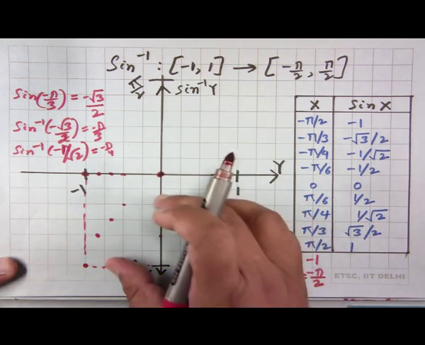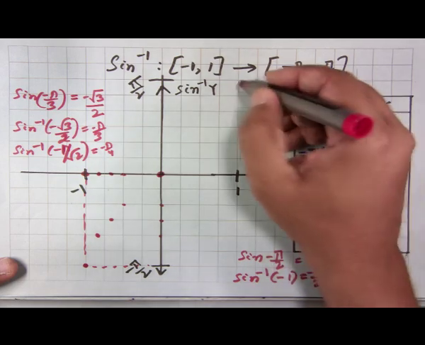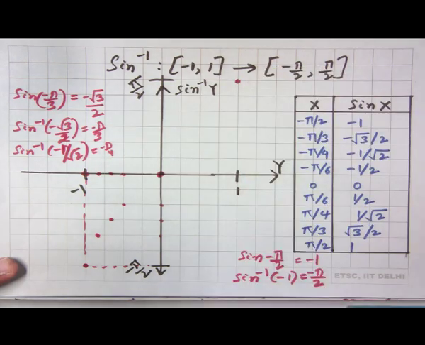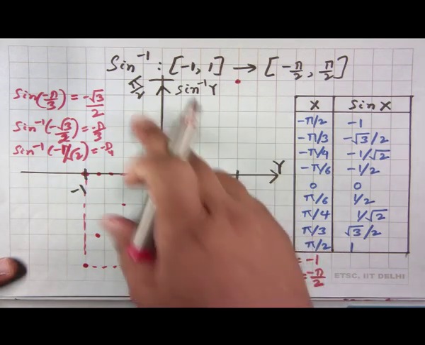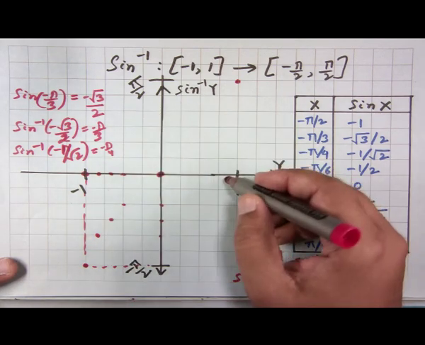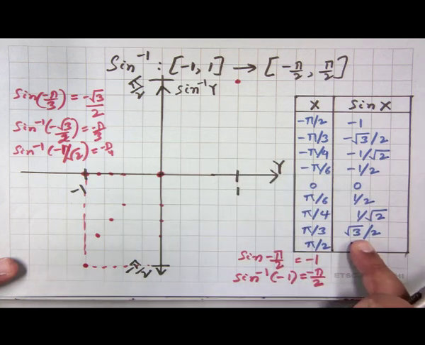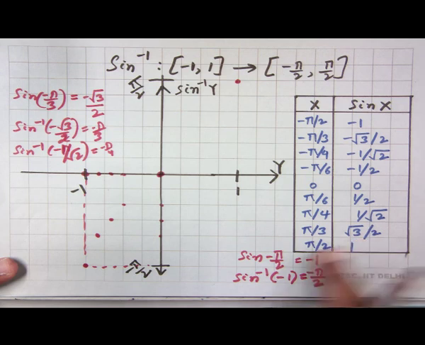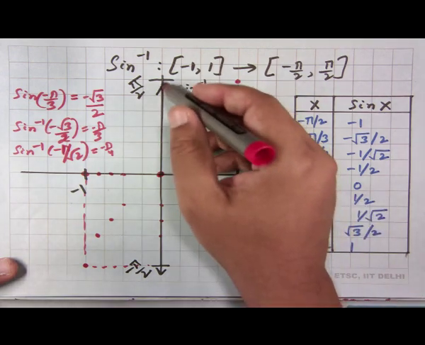and we will have a symmetrically similar thing for positive values of y. So, we will have this point, because sine inverse of 1 is equal to pi by 2, and then for plus root 3 by 2 we have sine inverse of root 3 by 2 equal to pi by 3, which is over here.